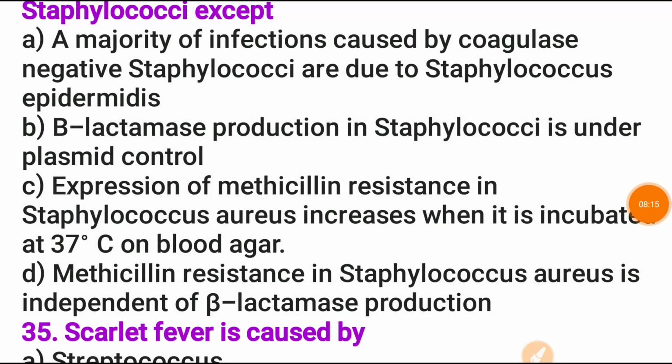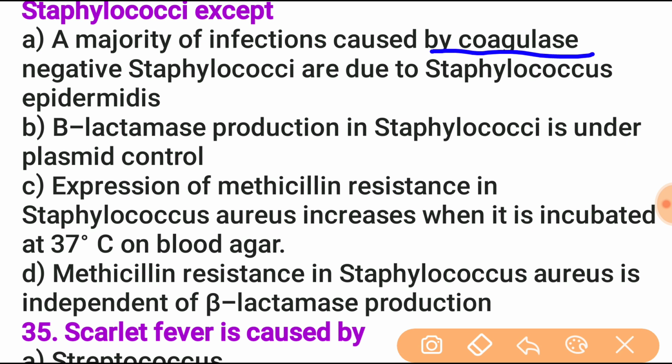So start with the first option. The majority of infections caused by coagulase negative Staphylococci are due to Staphylococcus epidermidis. It was already told that the coagulase negative Staphylococcus residents are all epidermidis, so it is the right option. Beta-lactamase production in Staphylococci is under plasmid control.